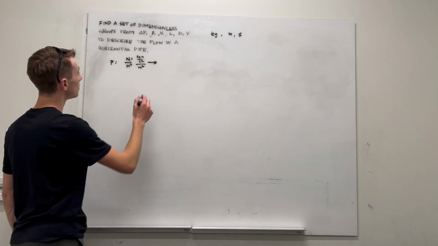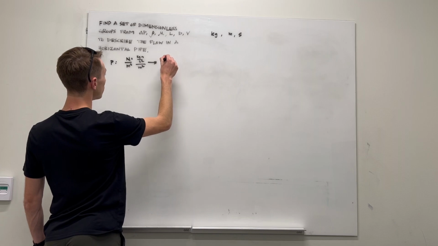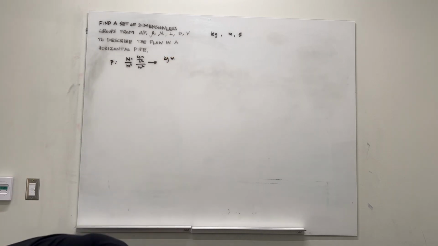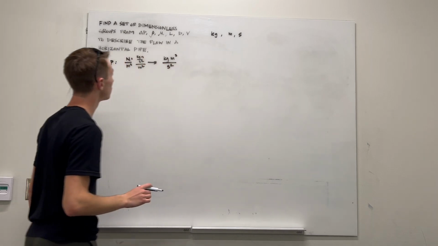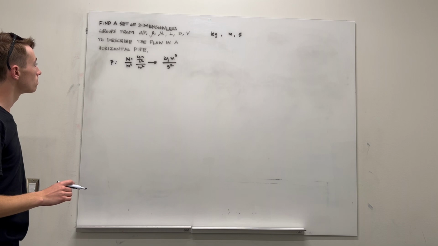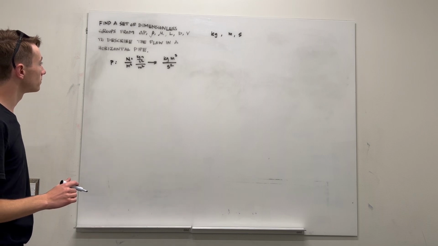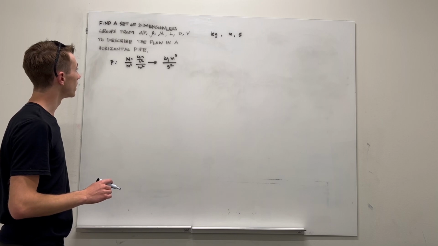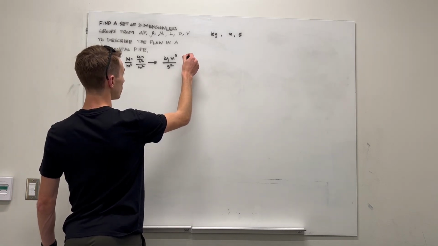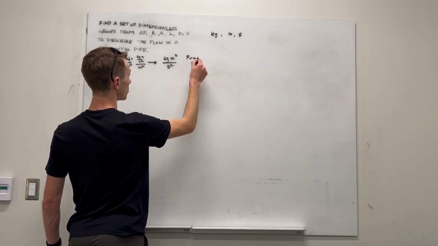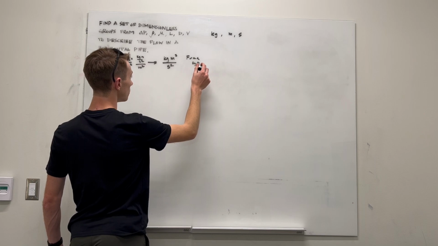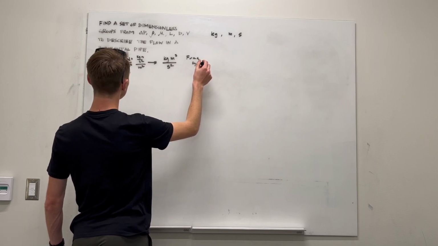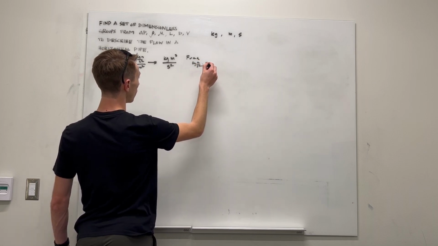Did I do that right? Let's see. Newton's force equals mass times acceleration, kilogram meters per second squared, divided by... oh, that's wrong.